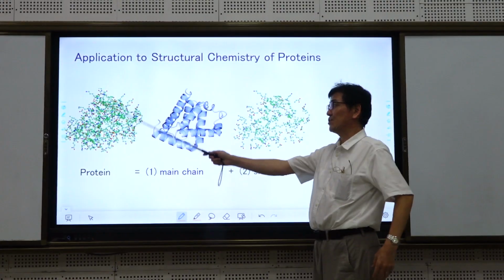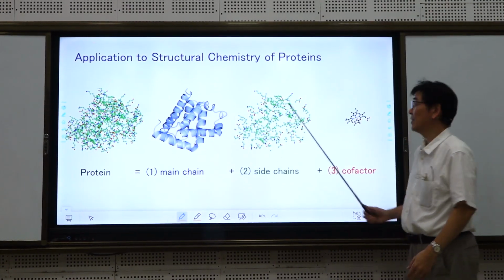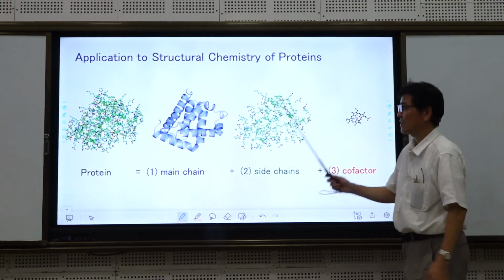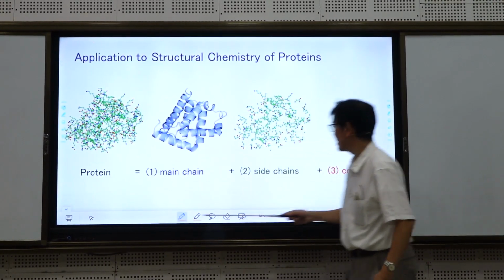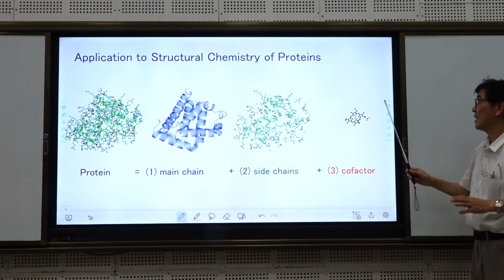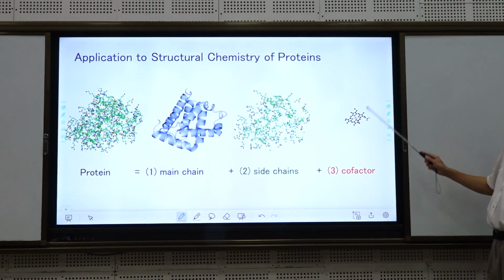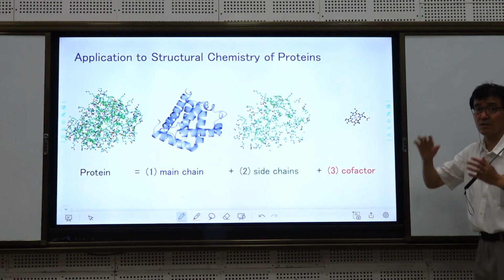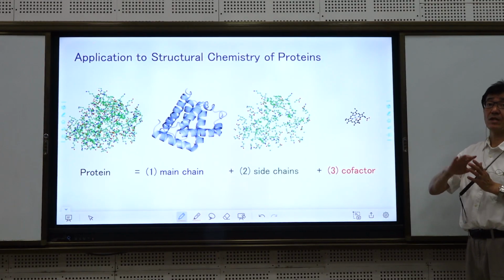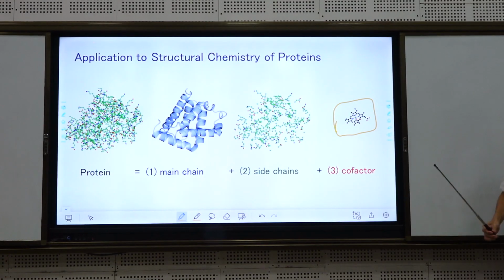I explained that protein is a huge molecule, so it's convenient to separate it into the main chain and side chain. And this is not all. Sometimes the protein contains cofactors such as heme or retinal or some additional compound. In many cases, this cofactor is very important for the protein to express its function. So it's worth considering how to get the information of the cofactor.